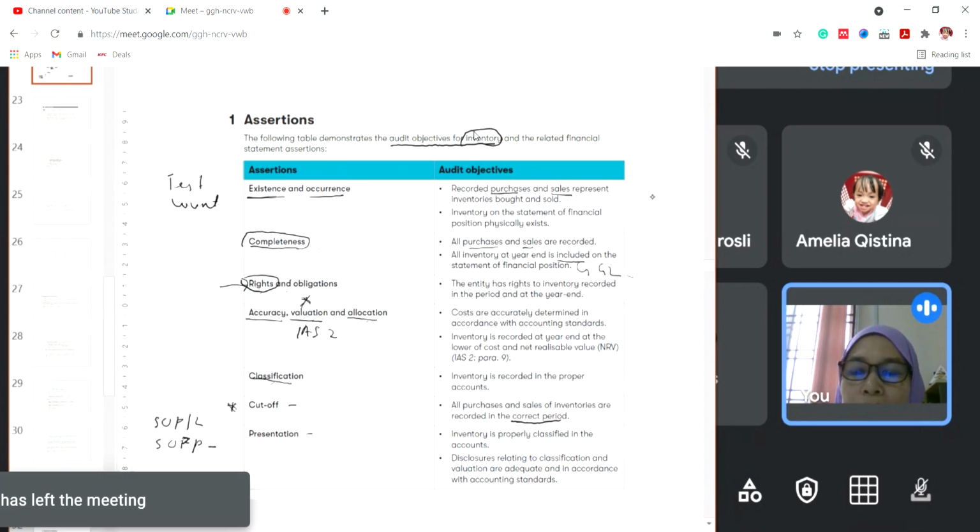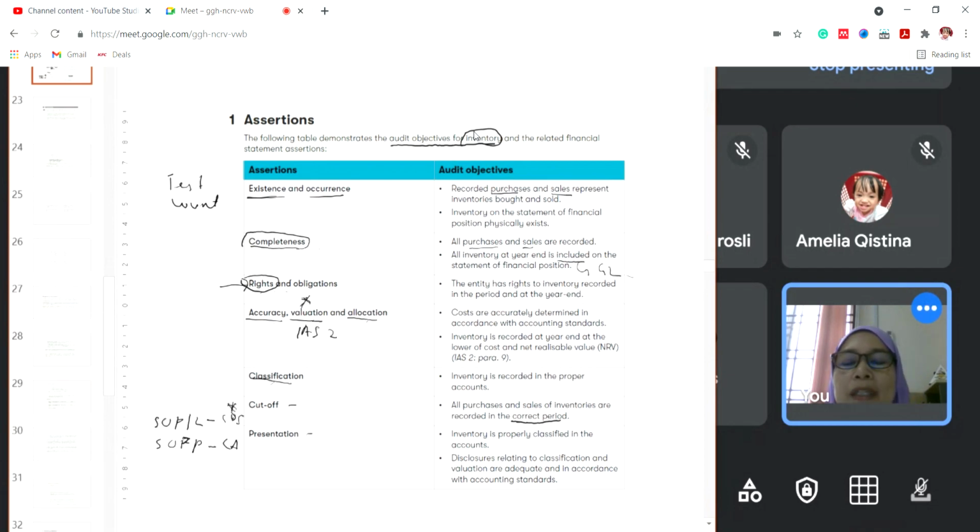This is under current asset, and this is under cost of sales. That is the correct, proper classification of the inventory. So any question on the assertion? Any questions?